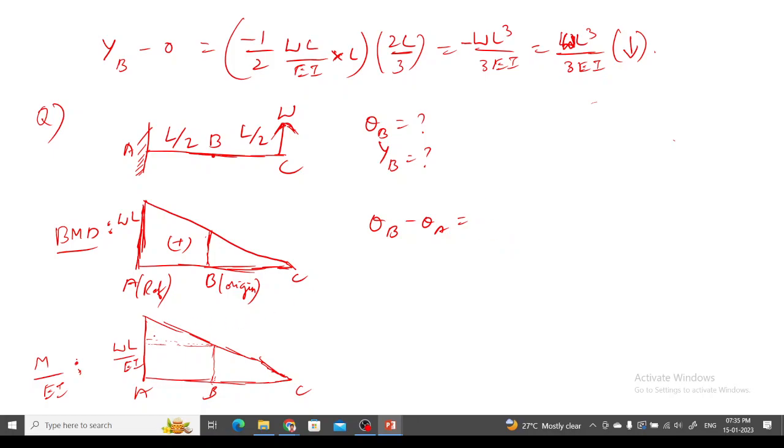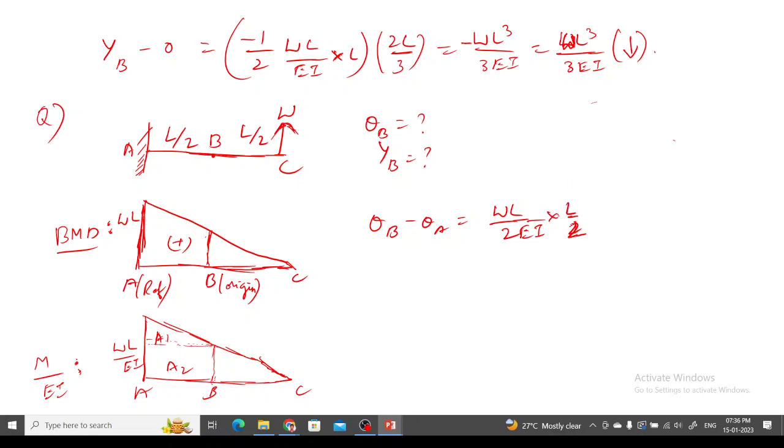I will name this as A1 and this as A2. The area A1 plus A2 will give me theta B minus theta A. If I want to find out A2, it will be WL by 2 into EI, into L by 2.